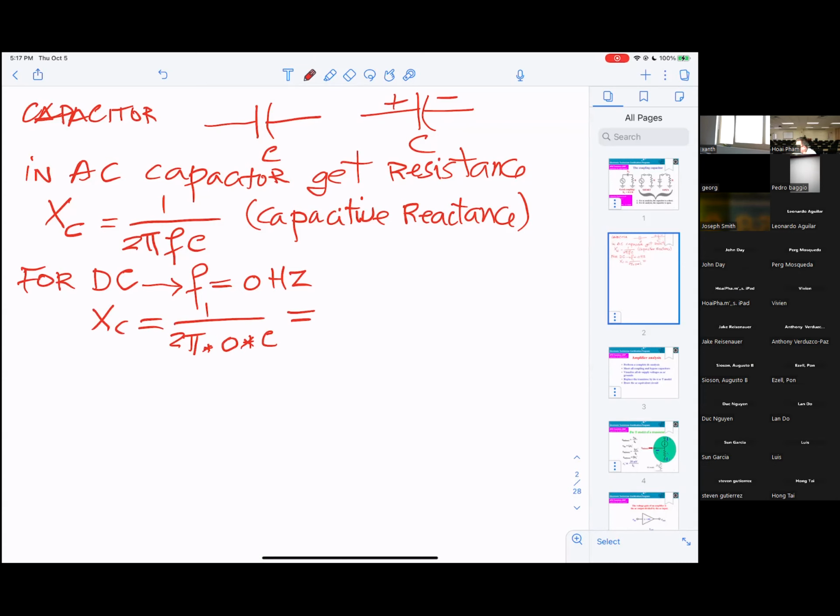Zero times anything will be 0. So 1 over 0 is infinity. How many ohm is that? Too high. Almost infinity.